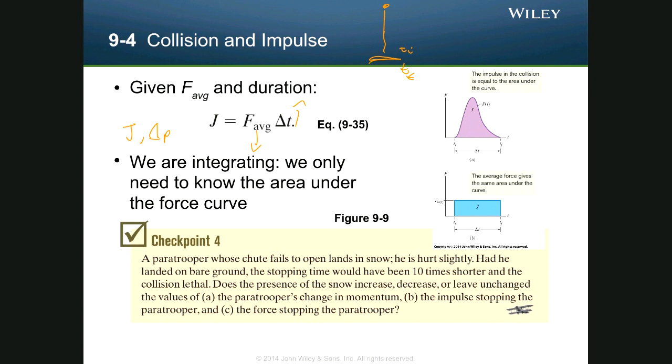If you can elongate your collision time, you can greatly reduce the force on you. Elongating the collision time from, say, a hundredth of a second to a full second, that's all you need, and that will lower the force on you by a factor of 100.